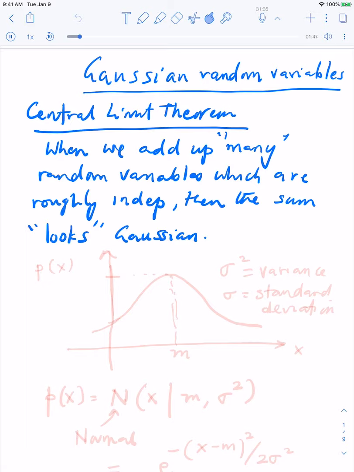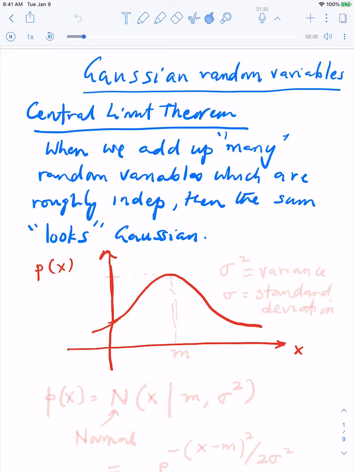So let's look at what the density of a Gaussian random variable looks like. That's a standard sort of bell-shaped curve. So let me draw a bell-shaped curve. And I'm going to draw some sort of arbitrary axes here. This is the values that the random variable can take. And this is the density of the random variable.